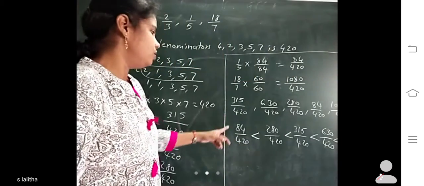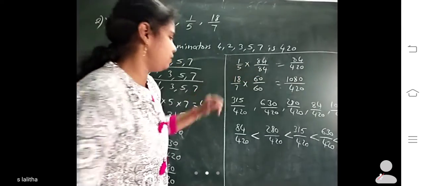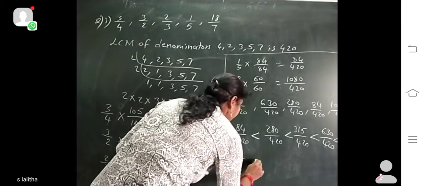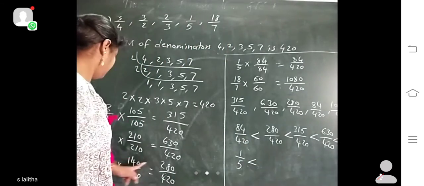Okay, now 84 by 420, where is it? That is 1 by 5. 1 by 5 is less than 280 by 420, that is 2 by 3.